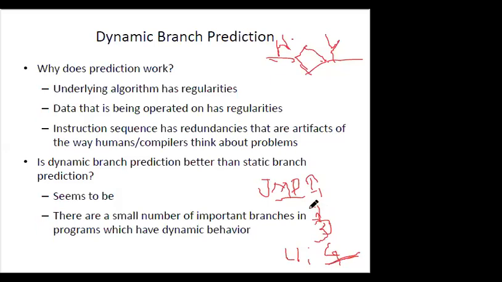And if the branch is not taken, then instead of carrying out the jump operation, jump to L1, it will execute instruction number 2 and instruction number 3 alone.